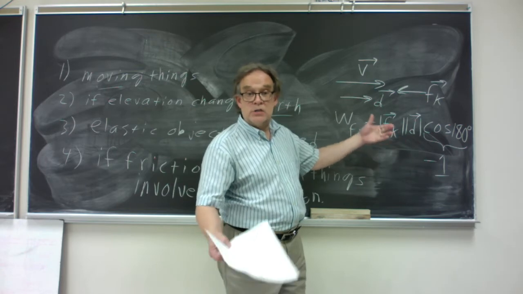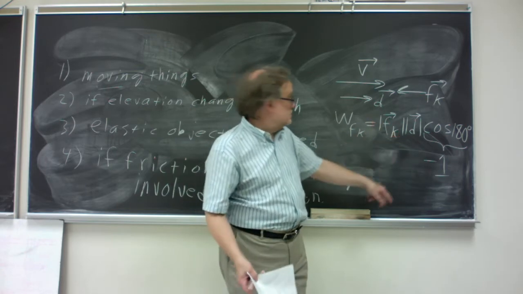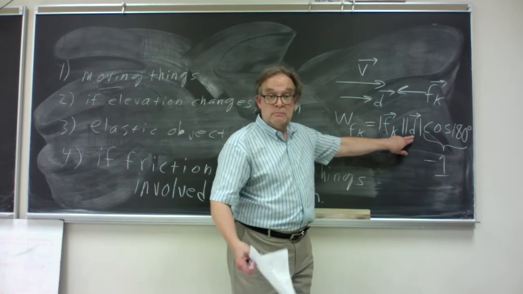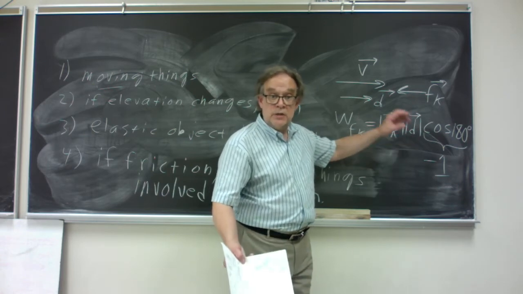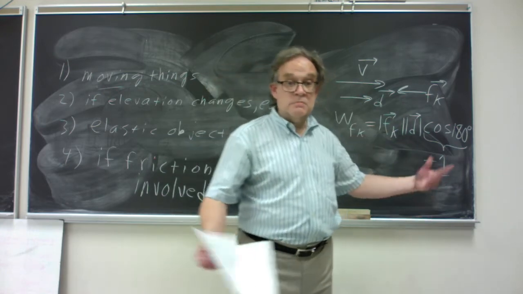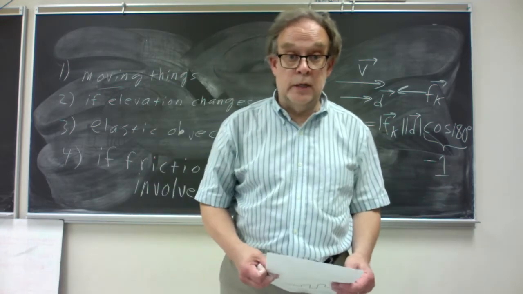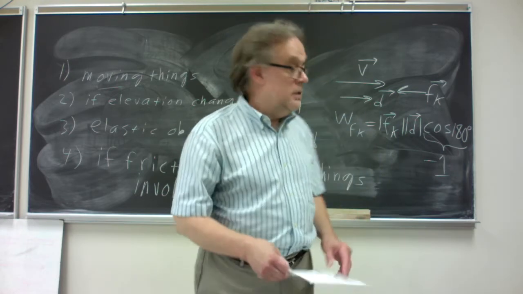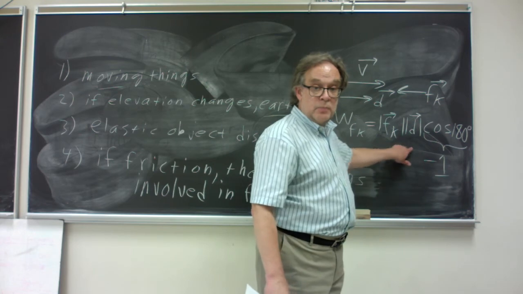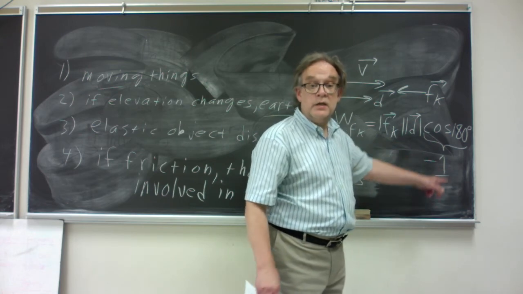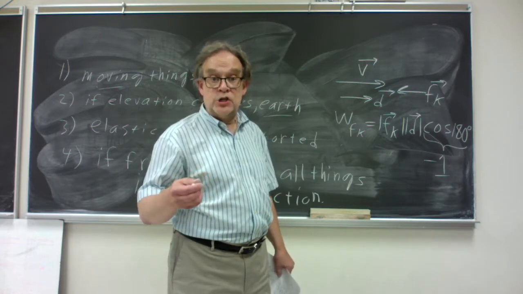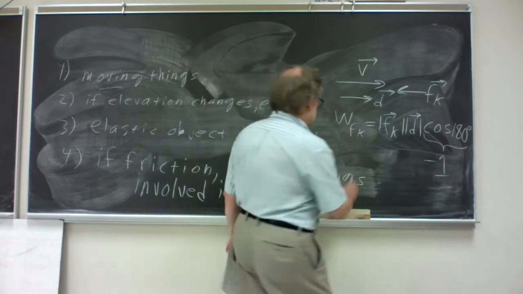Magnitude, size, strength, those are positive numbers. Likewise, this is just the magnitude of a displacement. It's a distance between the starting point and the ending point. So a distance is necessarily a positive number. These are both magnitudes, so they're both positive numbers. Positive times -1 gives us a negative number overall. The work done by friction is negative.